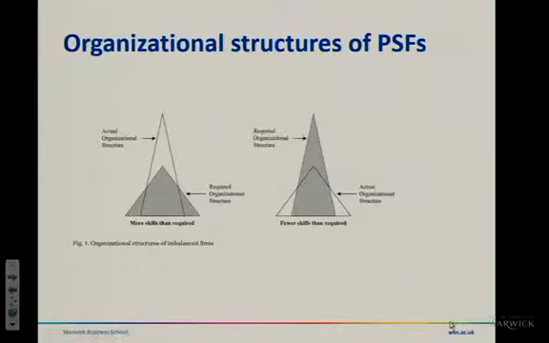So if we want to make that as a representation, the gray triangle is what is required in terms of organizational structure based on the demand that you have. And the transparent triangle is the current organizational structure.